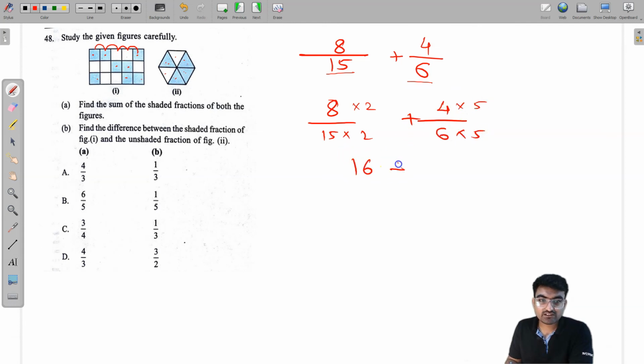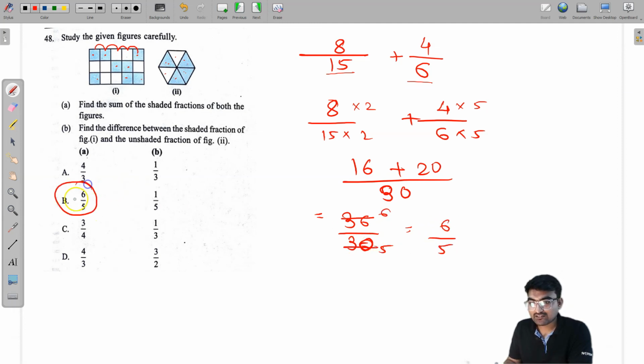So it will be 16 plus 20 upon 30, that is 36 upon 30. Divide by 6 and 6, so it will be 6 upon 5, and this is the only option in B. So we don't even have to check the second part.